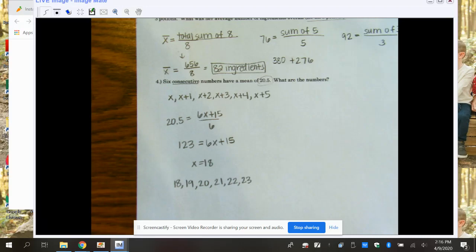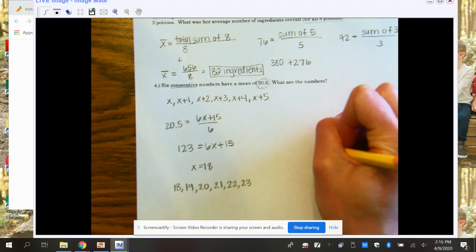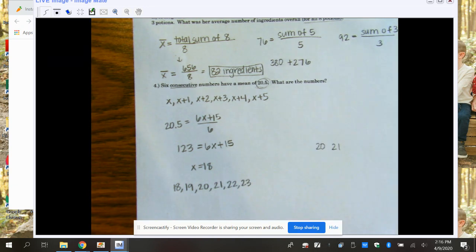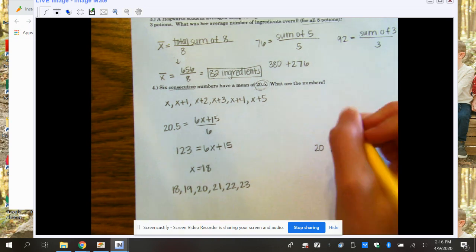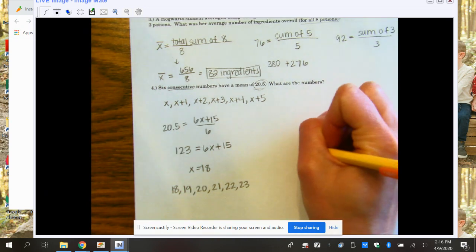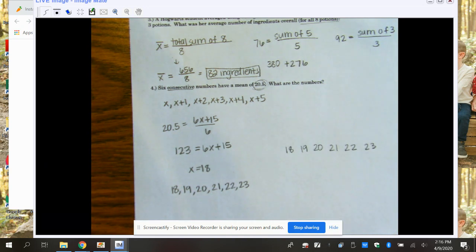So your 2 middle values have to be 20 and 21, and then you can just work your way out from there until you get 6 numbers. The only reason that works is because the numbers are consecutive. That's the only time the mean and the median will actually be the same.